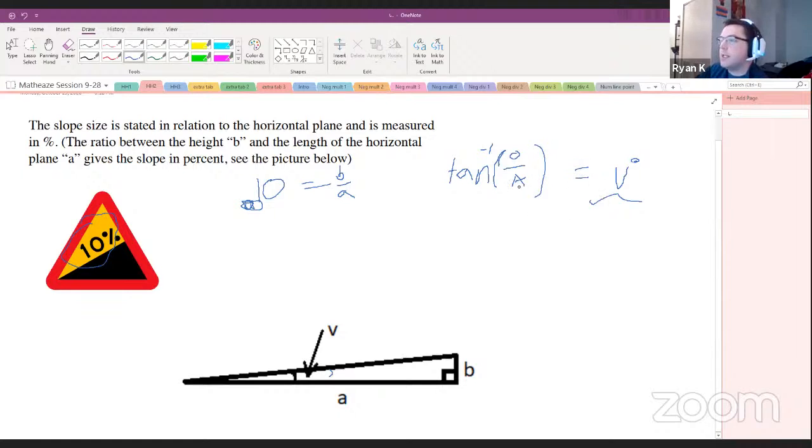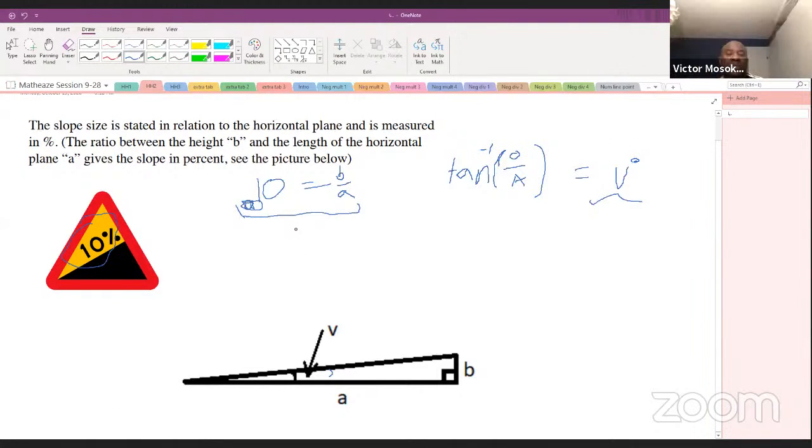So if you just inverse tangent your B over A, you can get an answer in degrees. So that's just inverse tangent of 0.1. Pop it in your calculator, and you can let me know what you got. I know I had my calculator in radians at first, so I had to change the mode on it. It was giving me some nonsense.